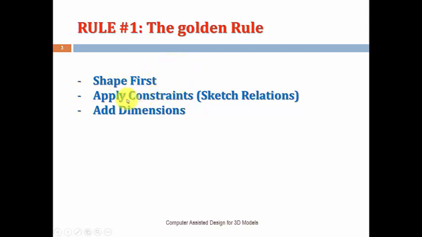Then we apply constraints to control the geometry of this shape, so actually we are going to add sketch relations. Then we add the dimensions in order to define the size of our part. Let's see how we're going to use this rule during our modeling.